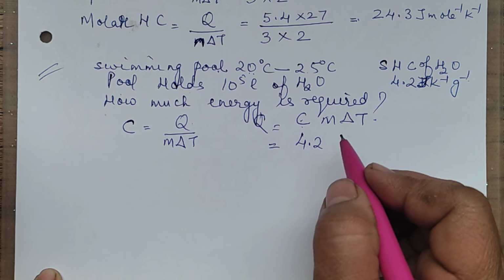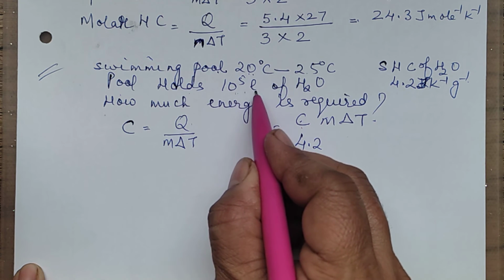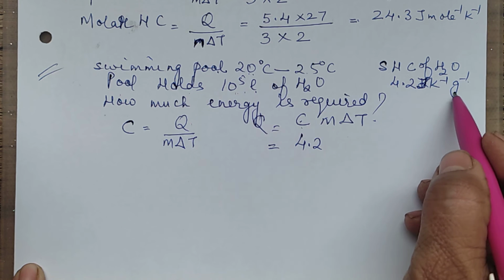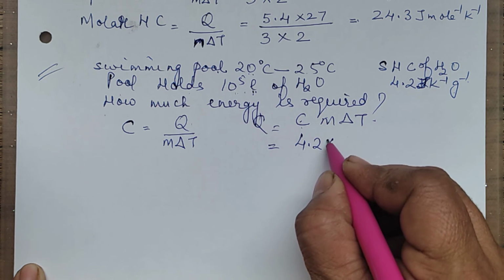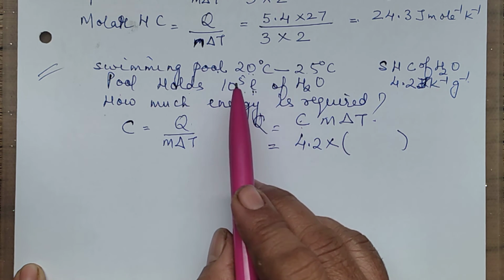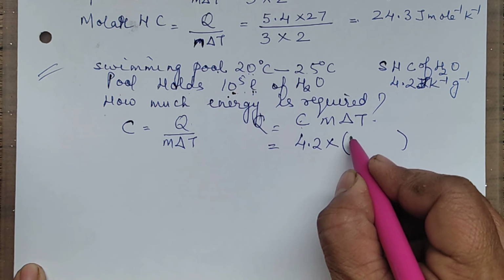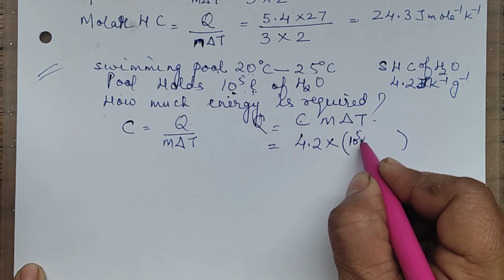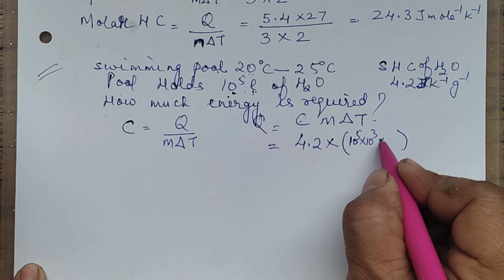M we do not have directly, but we have the volume, and that too in liters. Since it is given in CGS, we have to convert it into ml first. To calculate the mass, we will have to use volume and density. So volume is 10 to the power 5 multiplied by 10 to the power 3 ml, multiplied by density.